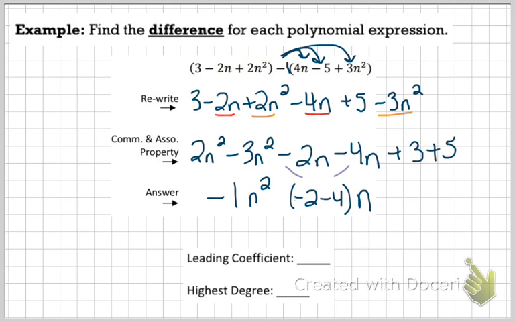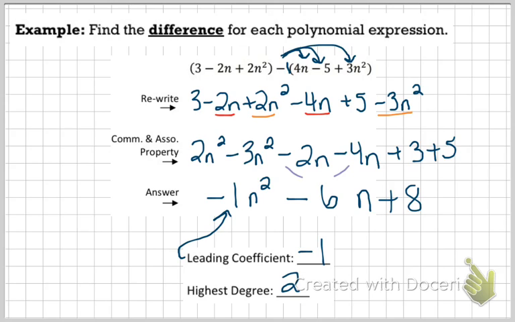They have n in common, so keep the n. Negative 2 minus 4 is just negative 6. Then 3 plus 5, well, that's just 8. So plus 8. Who is the leader of this trinomial? Negative 1. Highest degree? 2.